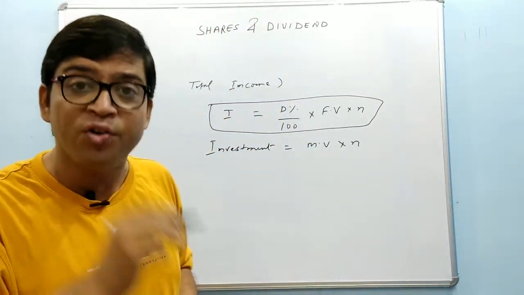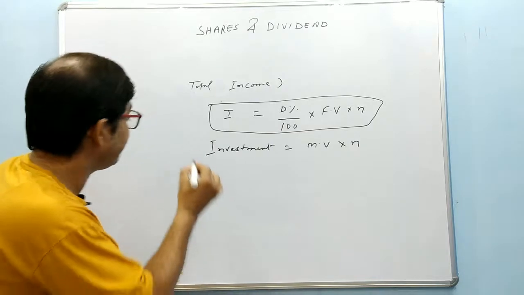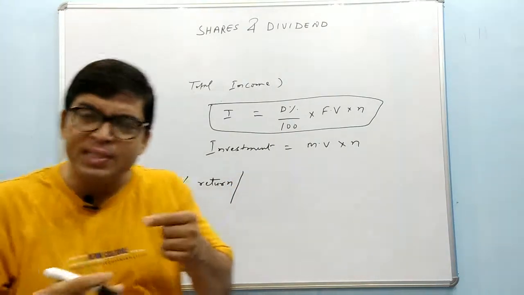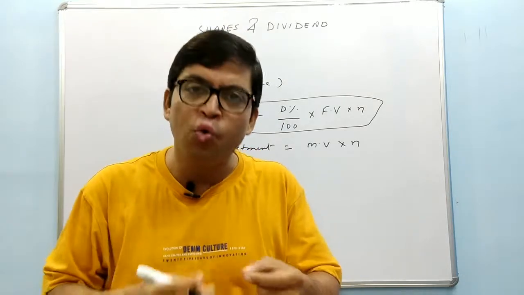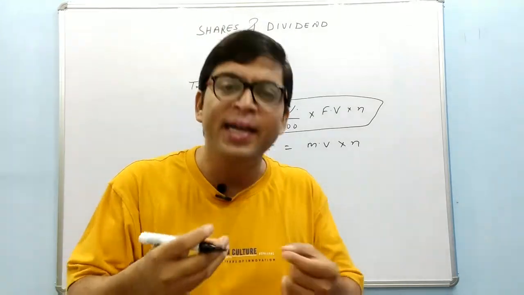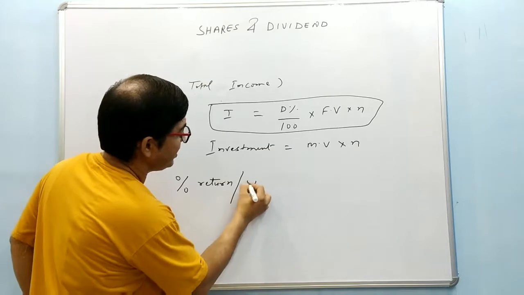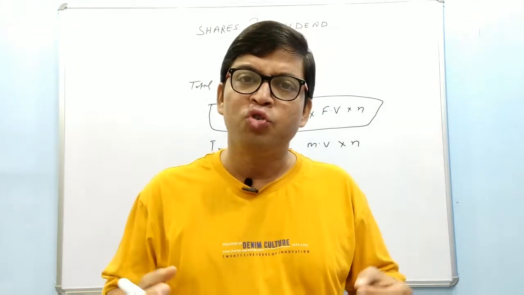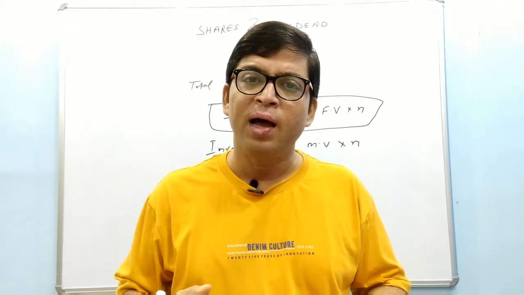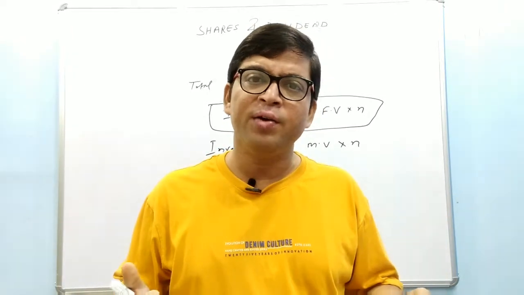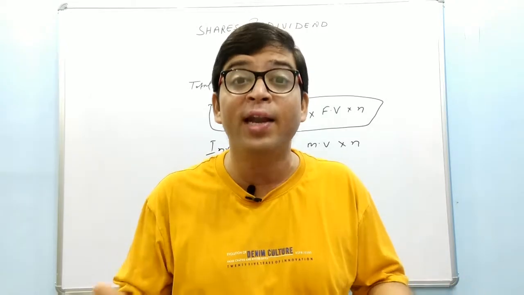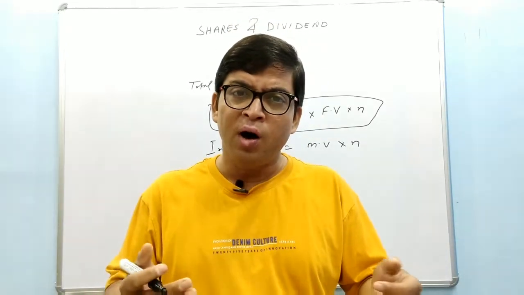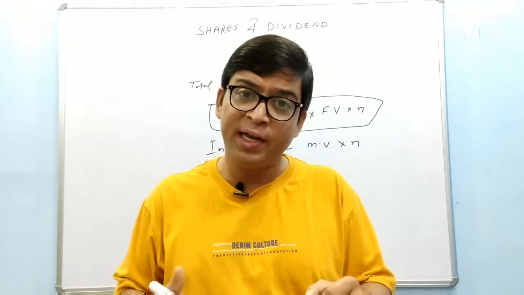Another very important formula I am going to discuss is percentage return, known as percentage income, known as percentage yield. If we are putting some money to buy some shares and we are waiting for the dividend the company is paying us, on our investment, how much percent are we getting?